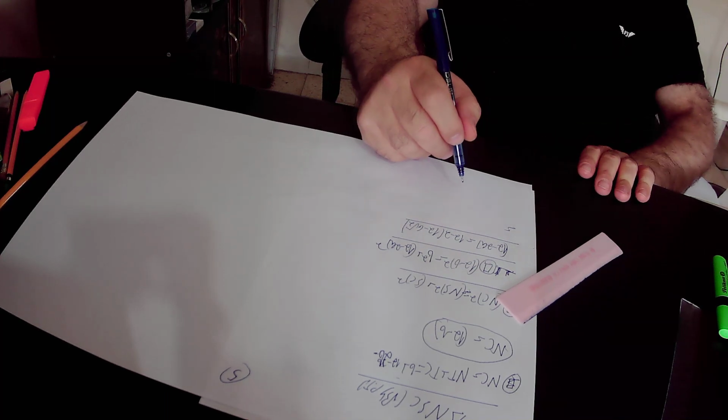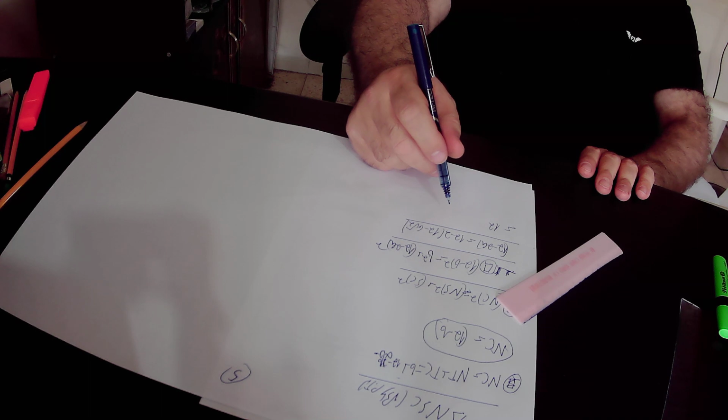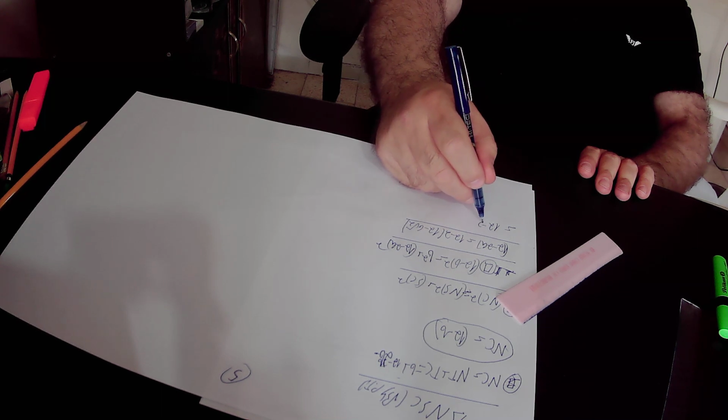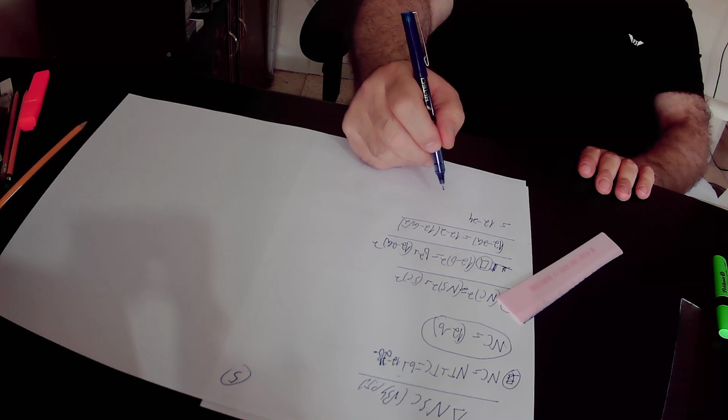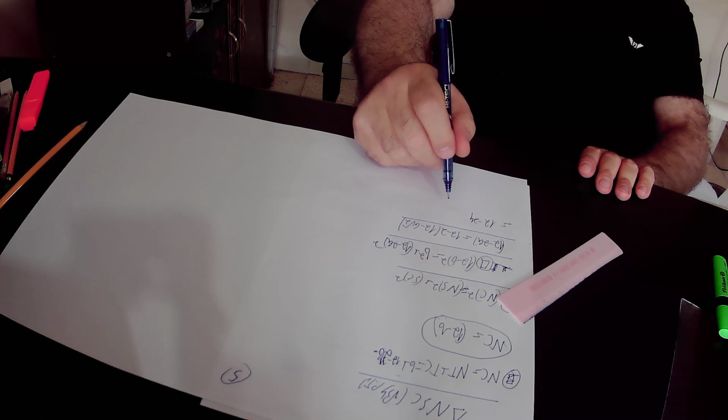So we have 12 minus 2 times 12 is minus 24, minus 2 times minus 6 is plus 24.